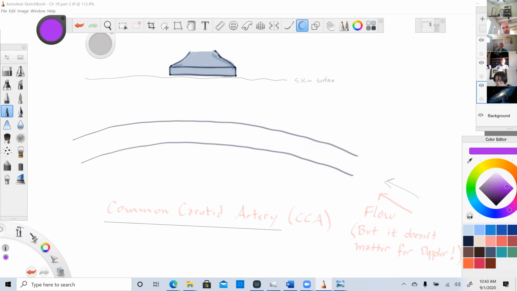Does not matter one whit about the flow direction. In the CCA, the flow is from the right side of your screen to the left side of your screen, if you're holding your transducer the right way. We have our skin surface here. We have our transducer here.